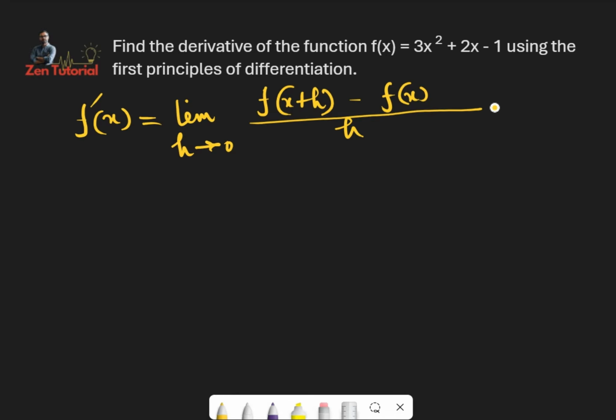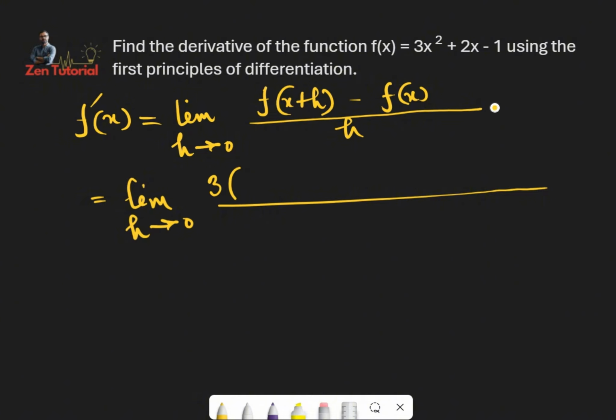Now let's plug in the value of the function, limit h tends to 0. So plug in the value of f of x plus h. Instead of x, we plug in x plus h.